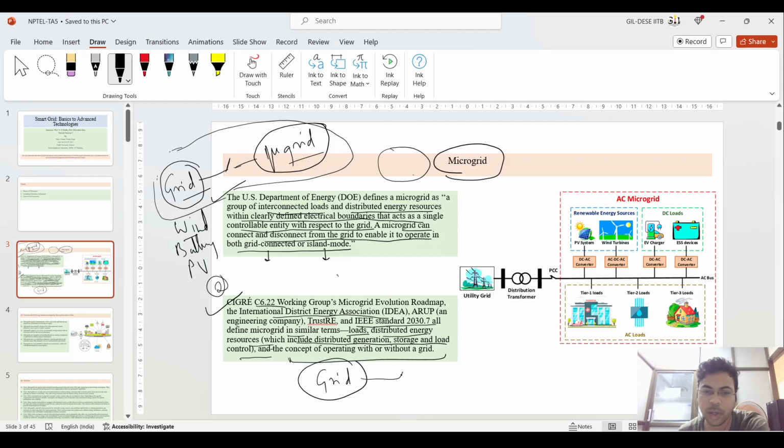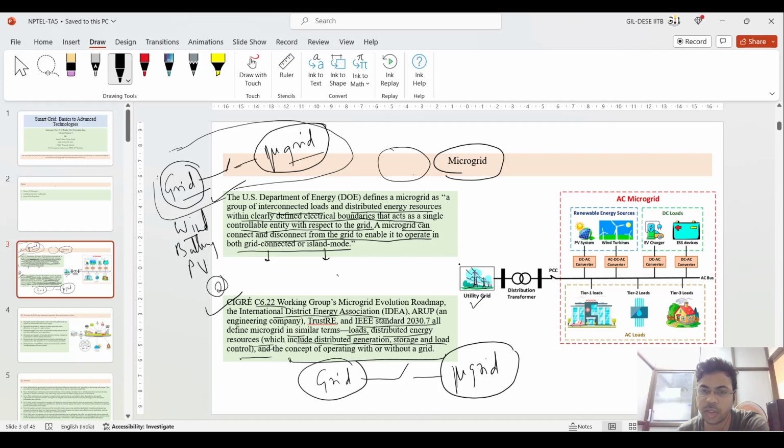The concept is operating with or without the grid. A grid-connected system can be part of this microgrid system, or it can be an islanded system also. The microgrid is a separate entity providing energy and power to the load which is connected within that boundary itself.